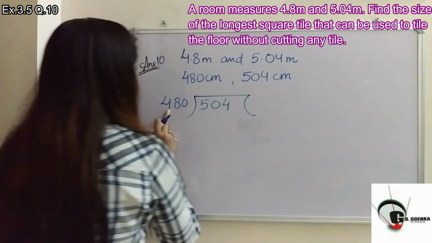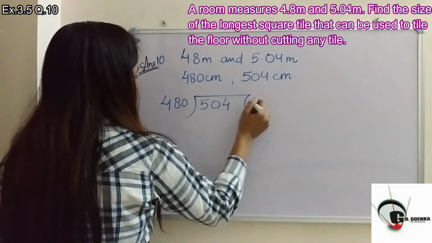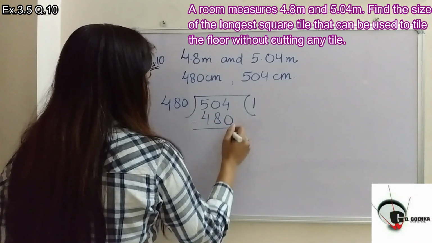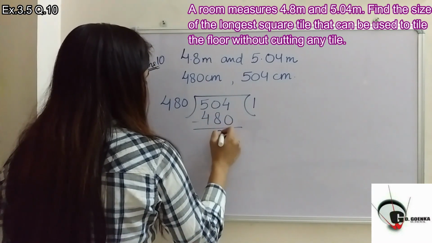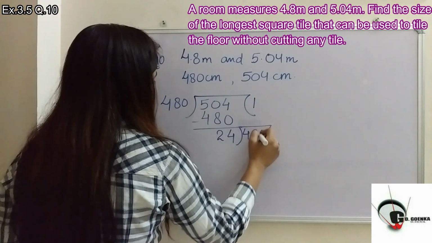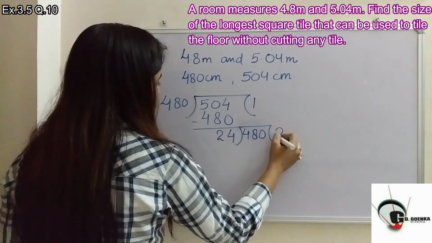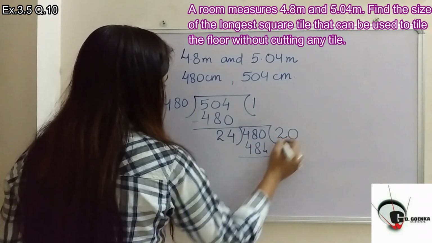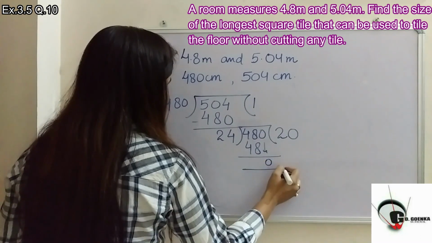It goes once. 504 minus 480 gives 24, and 480 divided by 24, 24 twenties are 480, and we are left with 0.